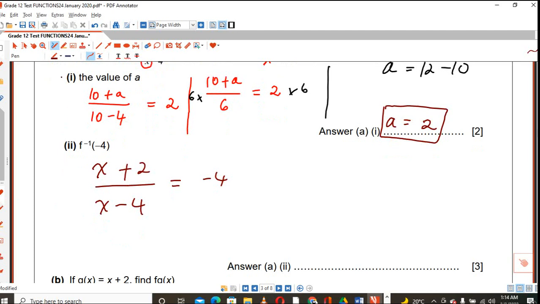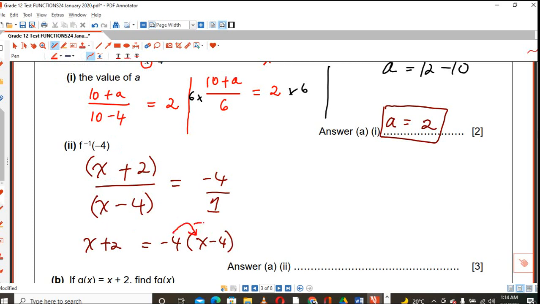All right, so perhaps you can put this in brackets and have that over 1, a cross multiplication if you wish to look at it that way. So it will be x plus 2 equals negative 4 times x minus 4. That is if you were to cross multiply.